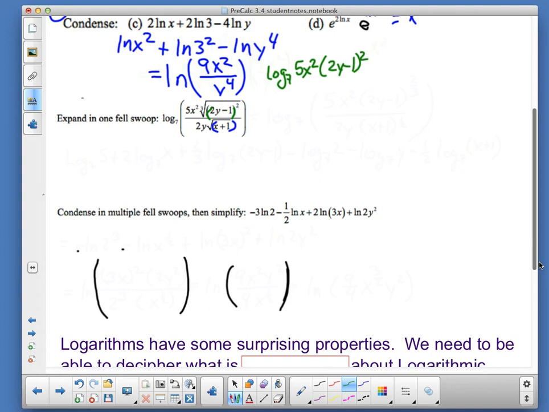Oh, excuse me, 2y minus 1 to the 2/3 power, because that's my root, minus log base 7 of this stuff, all in one bracket, really, 2y times x plus 1 to the 1/2 power.